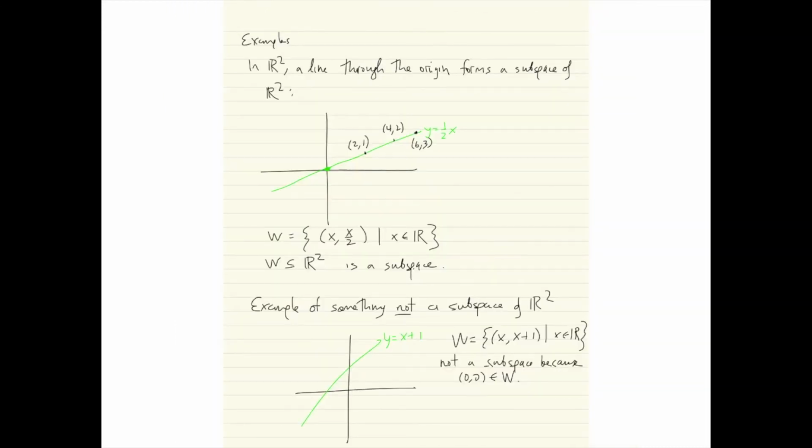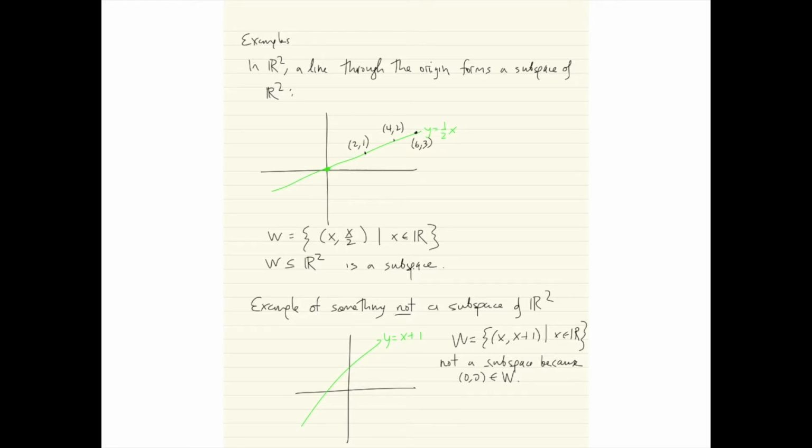So here are some examples and non-examples. In R2, that's our vector space V, let's take the subset being a line through the origin. Any line. Here I've chosen one that passes through (2, 1), given by the equation y equals 1/2 x, for example.